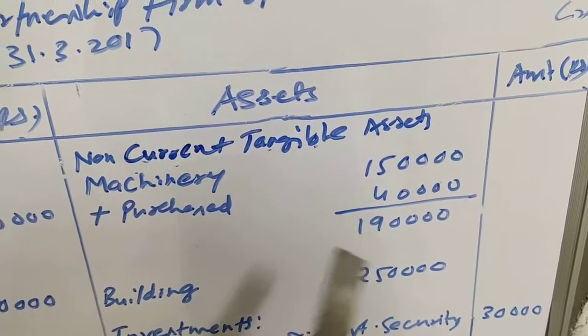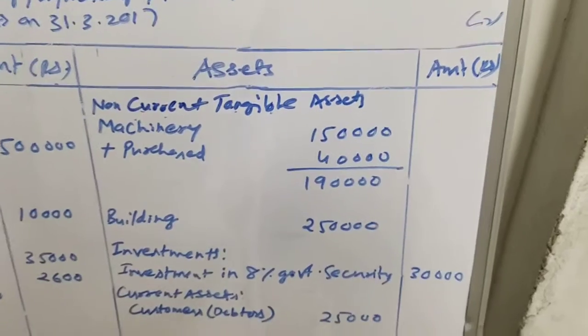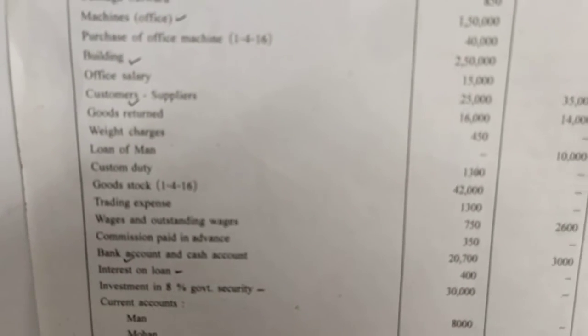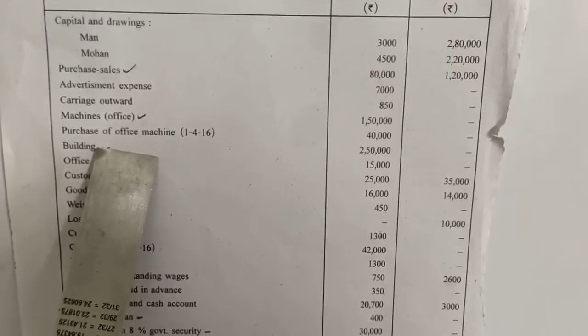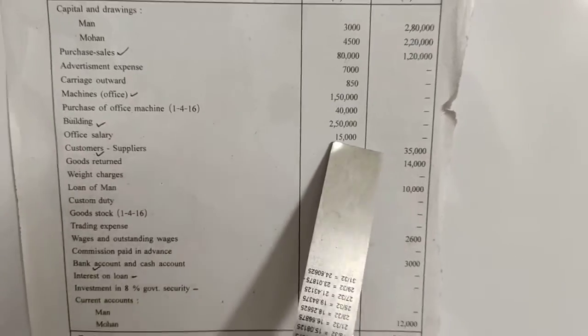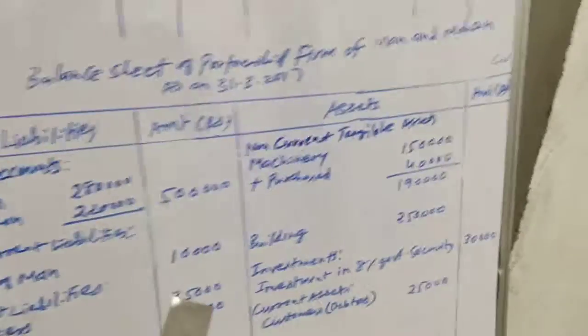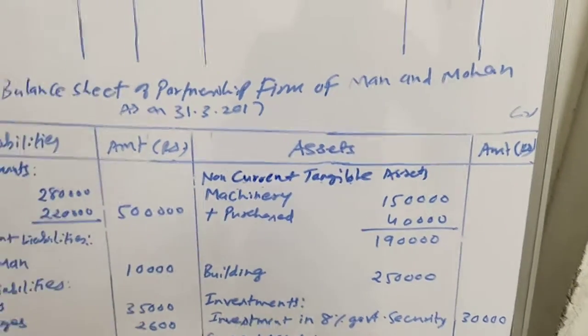We have one adjustment for the same, so the amount right now we are writing in the inner column. Next item is building rupees 2,50,000. So here it is asset side only, building 2,50,000.